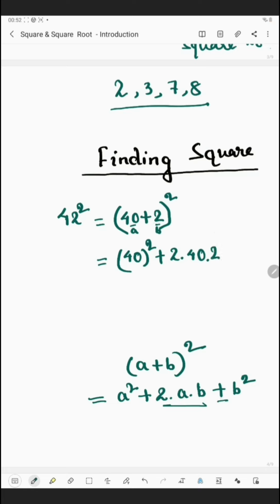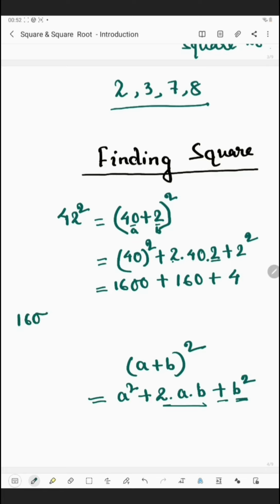Then we have a plus sign, then b square. B square means 2 square. Now 4 fours are 16 and 2 zeros, so we have 1600, plus 2 into 40 into 2, which is 160, plus 2 twos are 4.